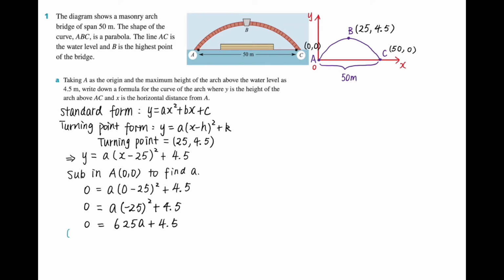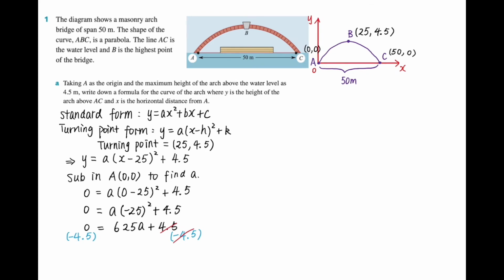Now let's solve for a. I can take away 4.5 on both sides, so on the right hand side, the plus 4.5 and minus 4.5 cancel out nicely. On the left hand side of the equation, I have 0 minus 4.5, which is negative 4.5. And on the right hand side, I only have 625a left.